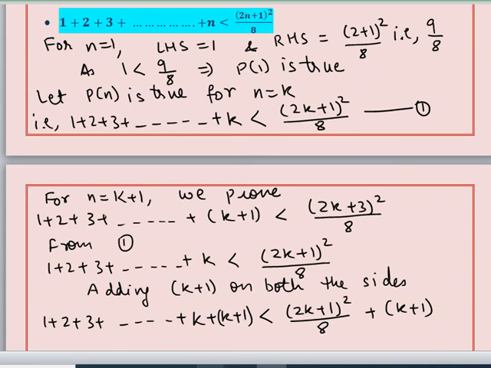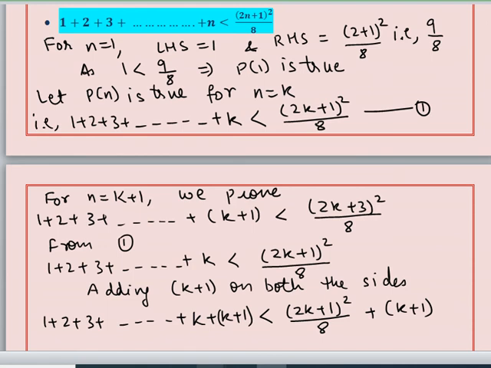For n equal to k + 1, we will prove 1 + 2 + 3 till k + 1 is strictly less than, replace n by k + 1. In place of this k, if it is k + 1, you will get 2k + 2 and then plus 1. That makes it (2k+3)²/8. So this needs to be proved.